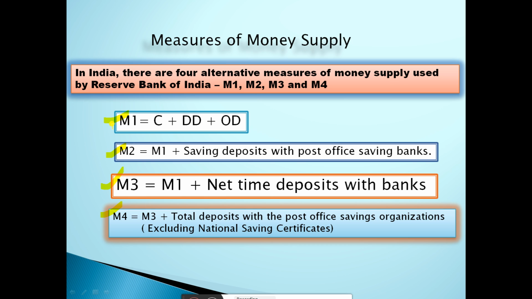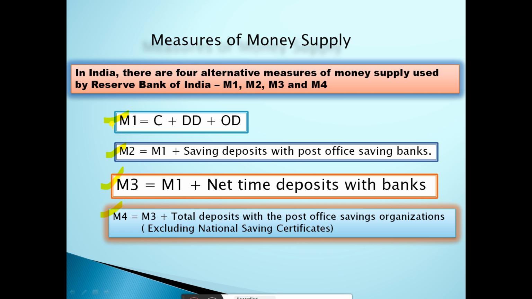M3 means M1 plus net time deposits with banks, and M4 is M3 plus total deposits with post office saving organizations, excluding National Saving Certificates. So students, remember the four measures used by the RBI to measure the money supply of a country: M1, M2, M3 and M4.